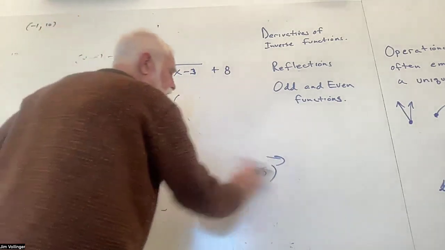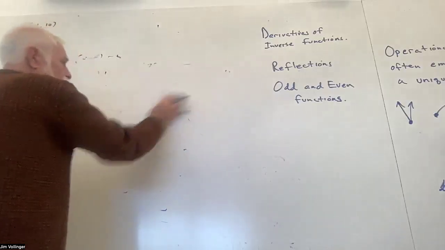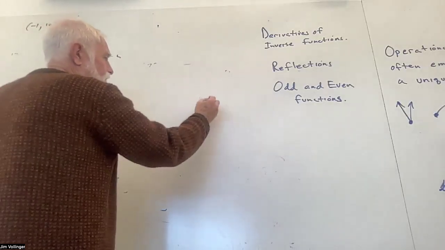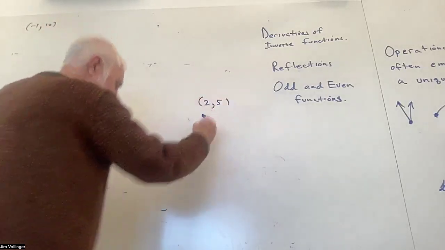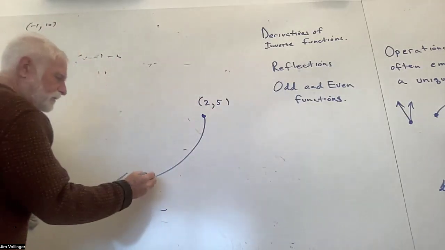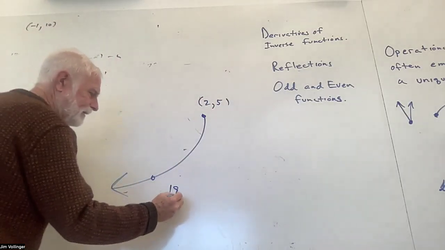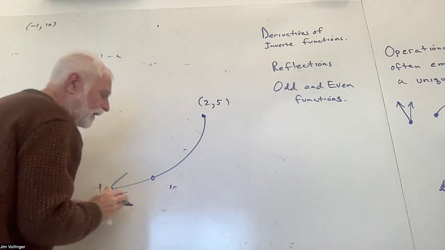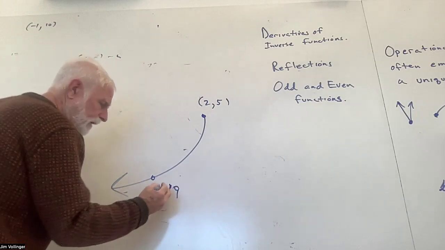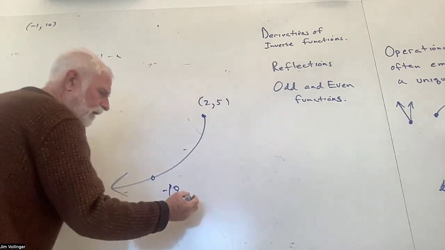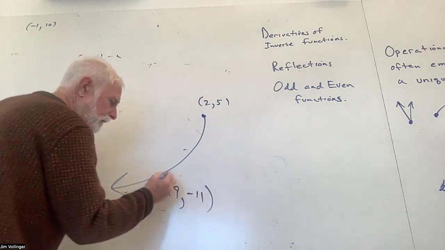Now let's go in the other direction, some random numbers. How about we start with 2, 5? All right, let's go this way. Let's go to, I don't know, how about 19? Oh, no, I'm going backwards. No, negative 19 then. Negative 19, comma, something below 5. How about minus 11?